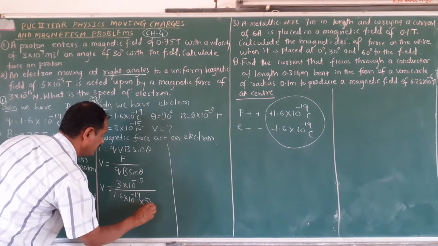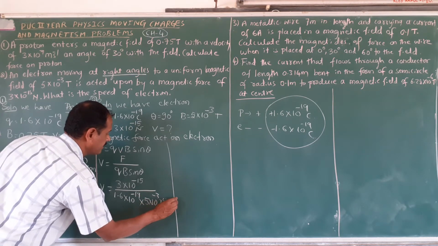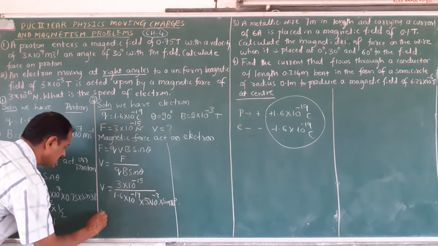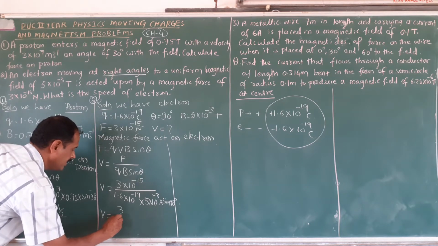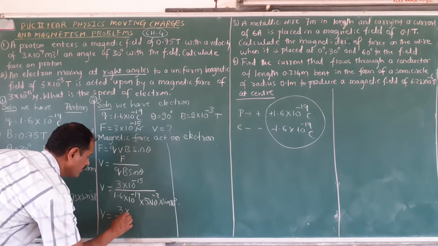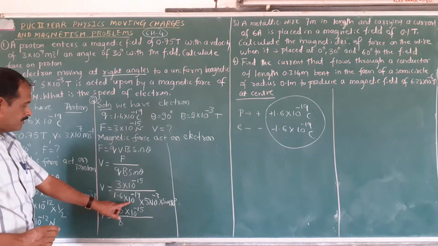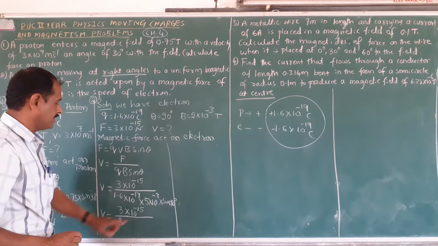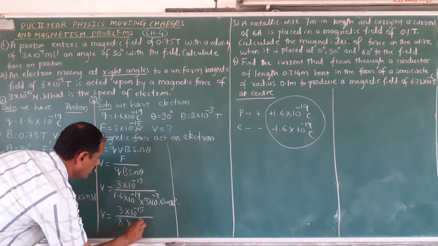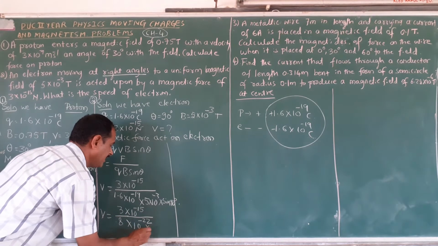B, 5 into 10 raised to minus 3, into sin 90 degree. Sin 90 is 1.